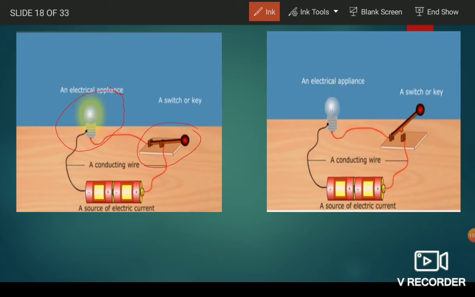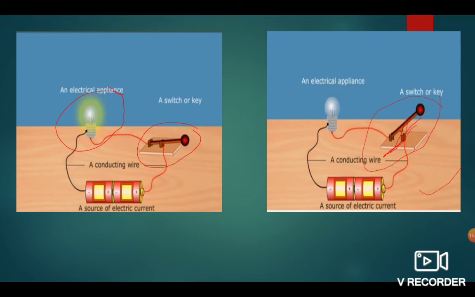But in the second picture, the switch is at off position. As you can see here, it is opened. The circuit is not complete, right? So the switch is at off position. So it is an open circuit, and that is why there is no flow of current and the bulb is also not glowing.